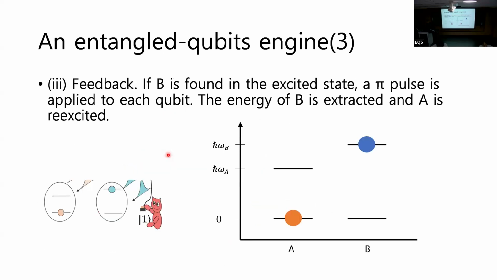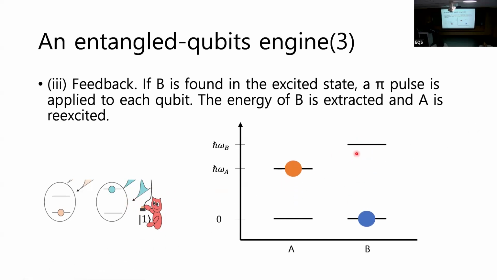Next, the feedback process. If B is found in the excited state, a pi pulse is applied to each qubit. The energy of B is extracted and A is re-excited, allowing the demon to gain the energy of h-bar delta. Delta is the difference. The demon found B excited and he looks happy, and the pi pulses are applied.